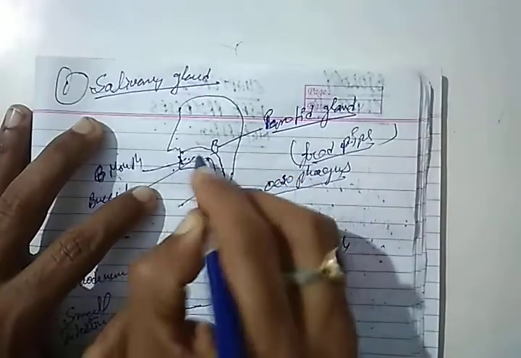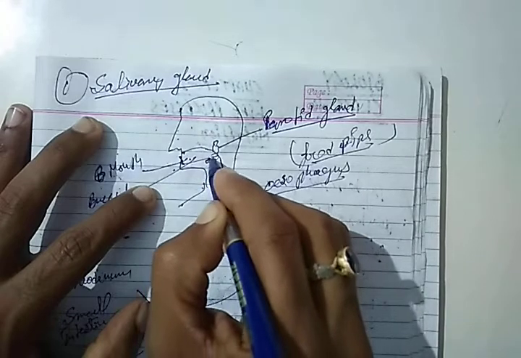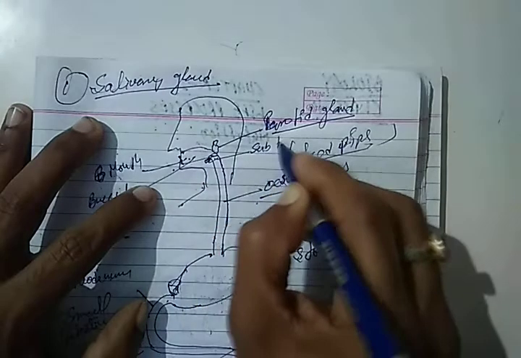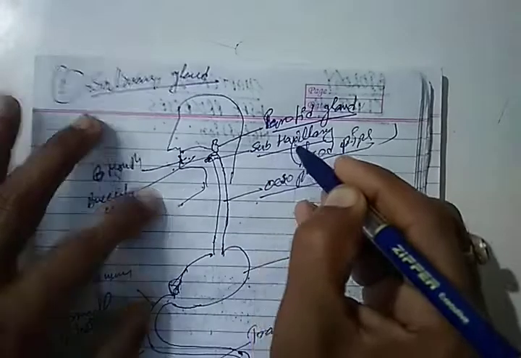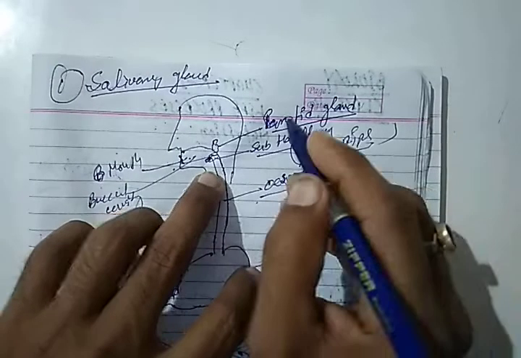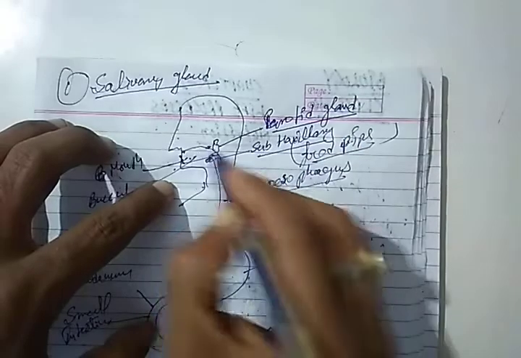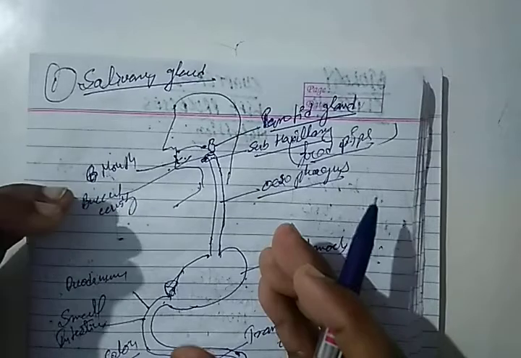Second, submaxillary, is located at the junction of both jaws, where our both jaws are connected.